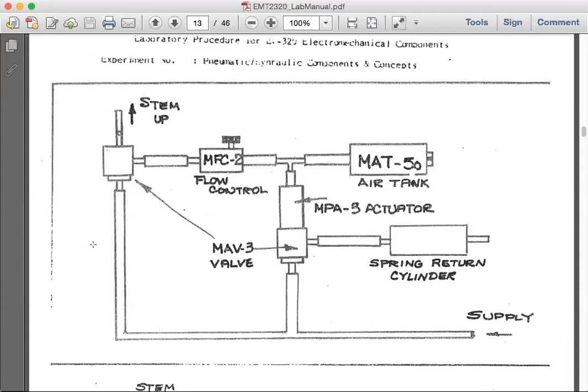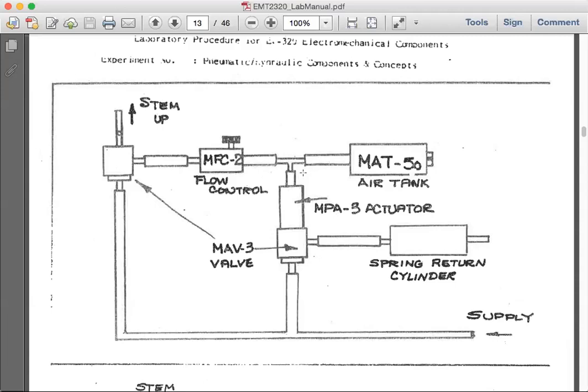So if you had to analyze the system in a couple of sentences, what does it do? You would say you activate the stem, pressure enters the system quickly, and the piston shoots out right away. Then you release the stem, and the pressure in the system is venting out slowly.